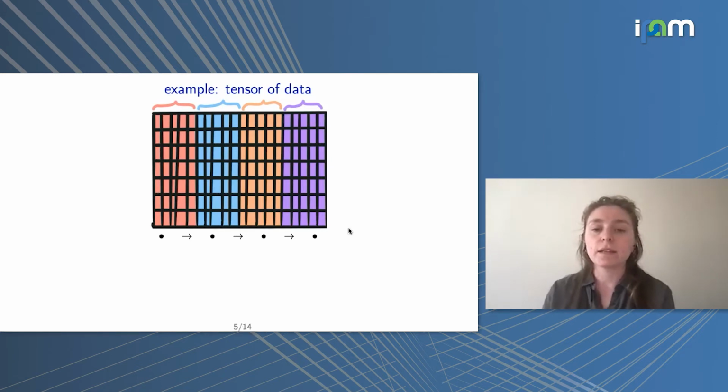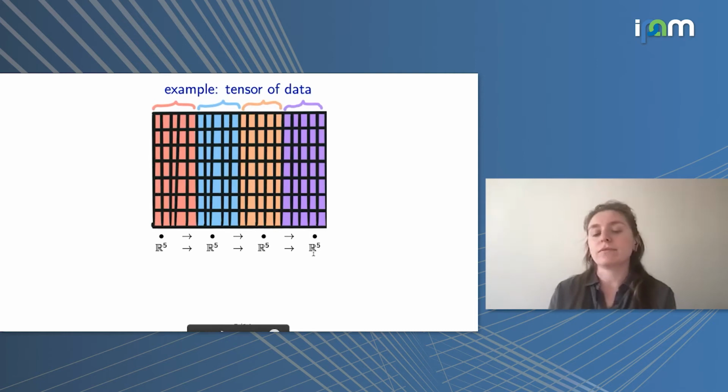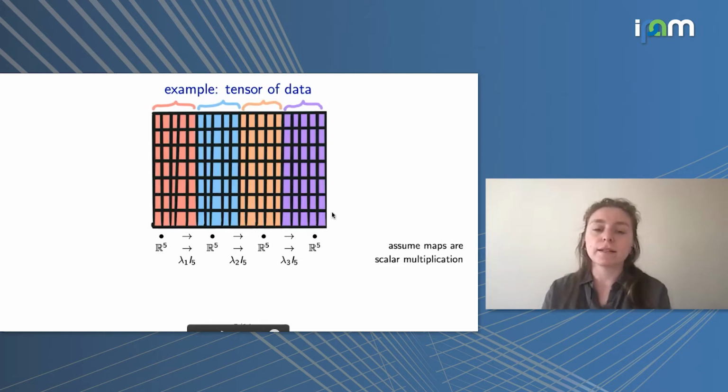Okay, and then our quiver representation assigns a vector space to each vertex, and the vector space for all 4 vertices is R5 because we've got 5 measurements in each block, or each block has 5 columns in it. And now let's imagine that we have some linear maps on the edges.